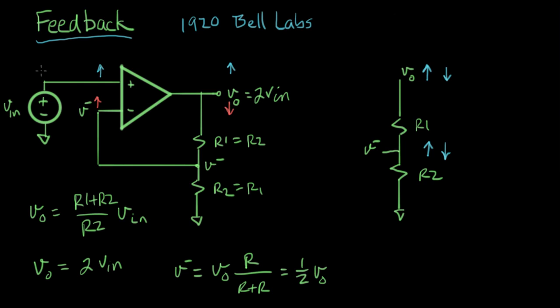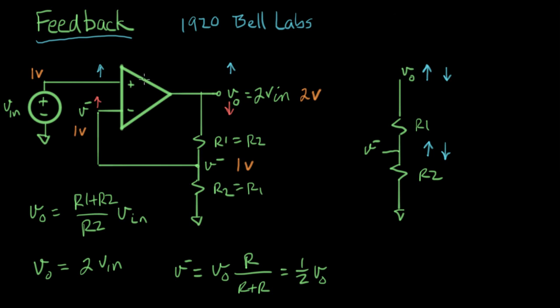Let's put a real voltage on here. Let's say this is at 1 volt. Going through our amplifier, we know that V out equals 2 volts. And that means that V minus equals 1/2 of V out, so V minus is 1 volt.